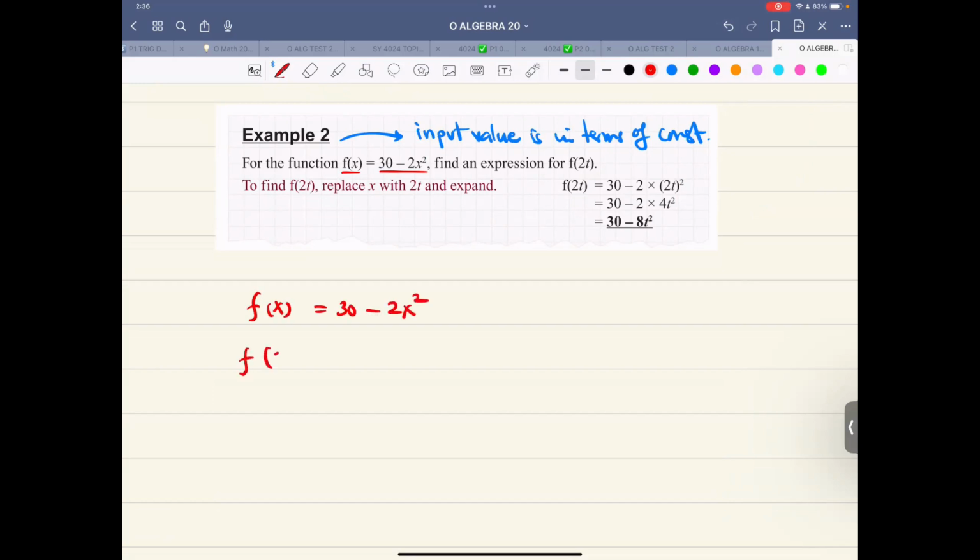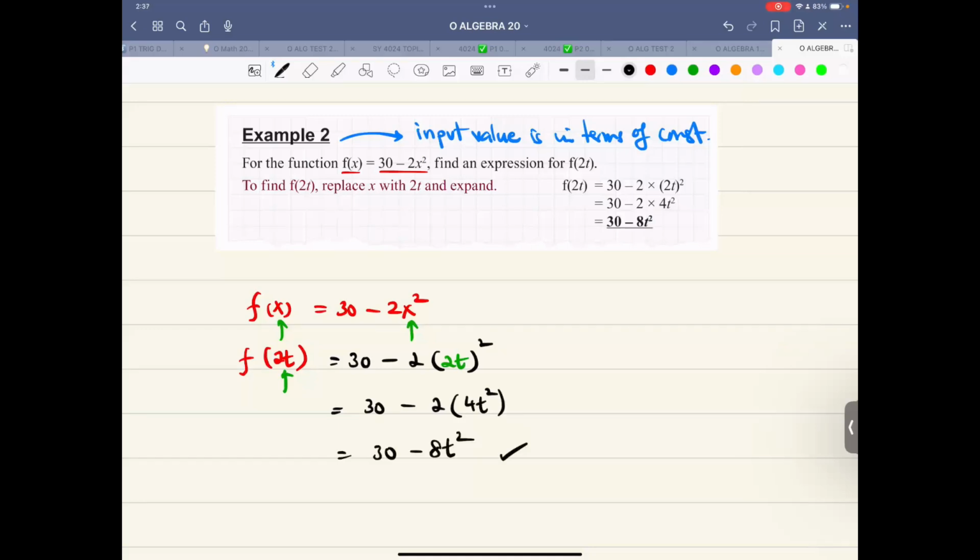We have to evaluate f of 2t. So wherever there is x, you have to plug in this value. So this is 30 minus 2 into something square. What goes over here? 2t. Just go step by step. That is 30 minus 2 into 4t square. That is 30 minus 8t square. That is the answer.